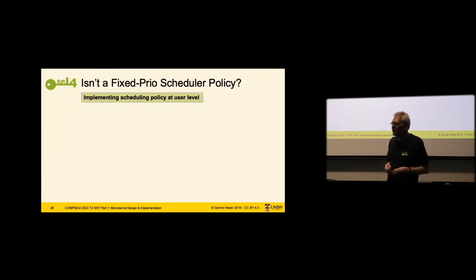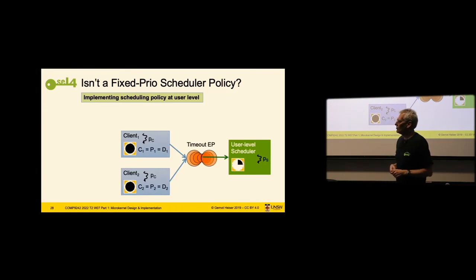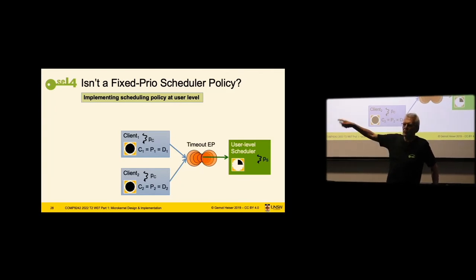So we decided not to go down that path and stick with fixed priority, basically with the argument that, well, you can build other things on top anyway. So even though we have a fixed scheduling policy in the kernel, we can still make scheduling decisions at user level. And this is an example of implementing an EDF scheduler at user level with the existing L4 kernel.